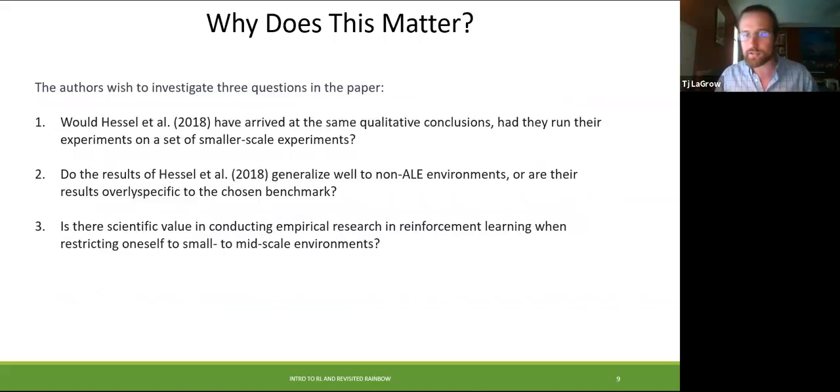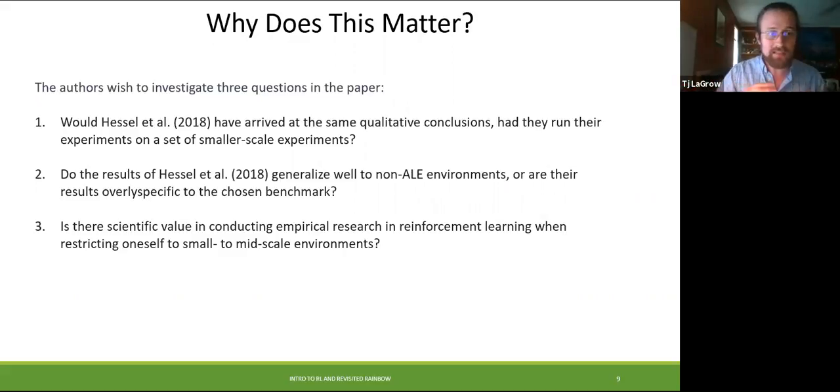So what the researchers have done is they proposed 3 different questions. They wanted to ask whether or not they could arrive at the same quantitative conclusions that their experiments set on smaller scale experiments. Do they generalize to well-known non-Arcade Learning Environments, or are they over-specific to the chosen benchmark?